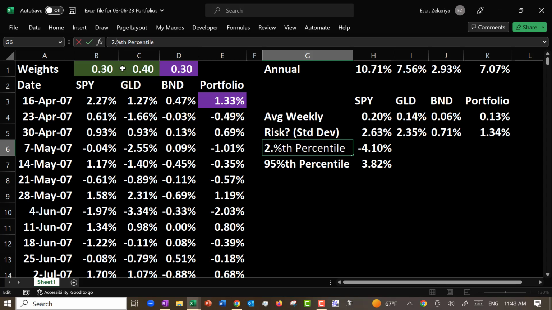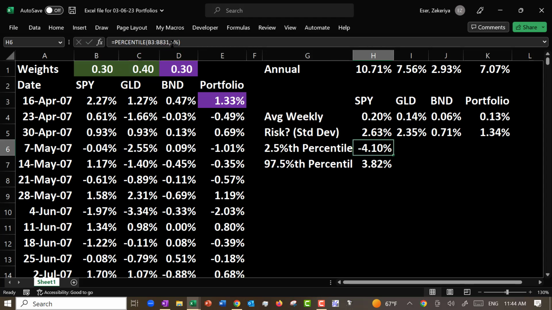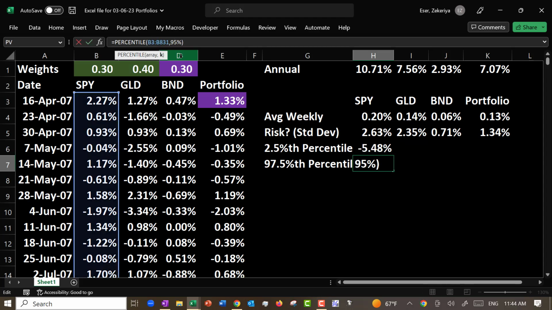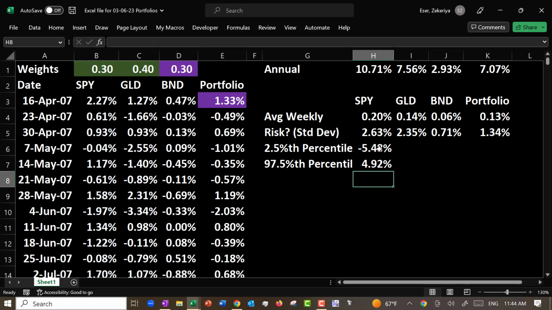So let me change these. That means in actual data, 2.5% of the returns are below negative 5.48. Okay. And 2.5% of them are above 4.92. We can kind of figure out how many standard deviations away are they.